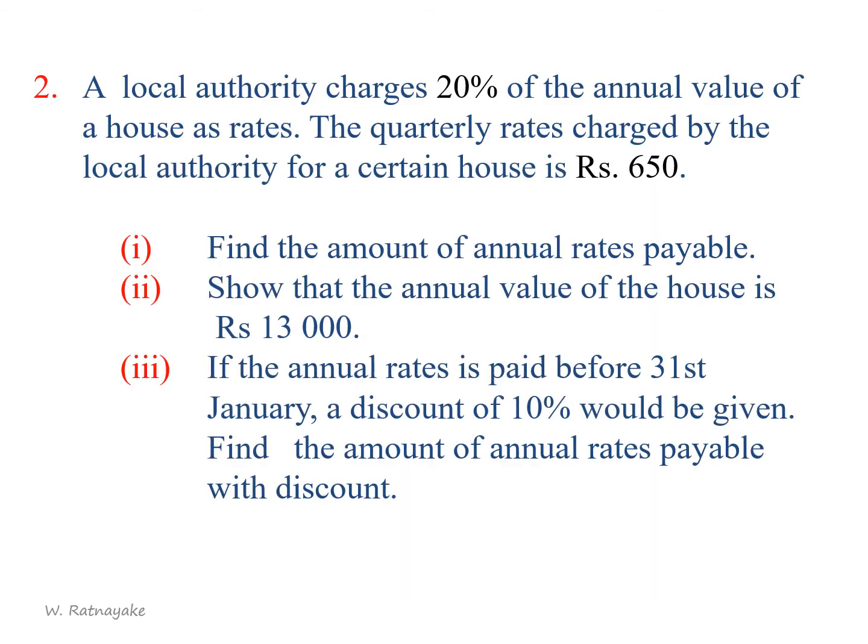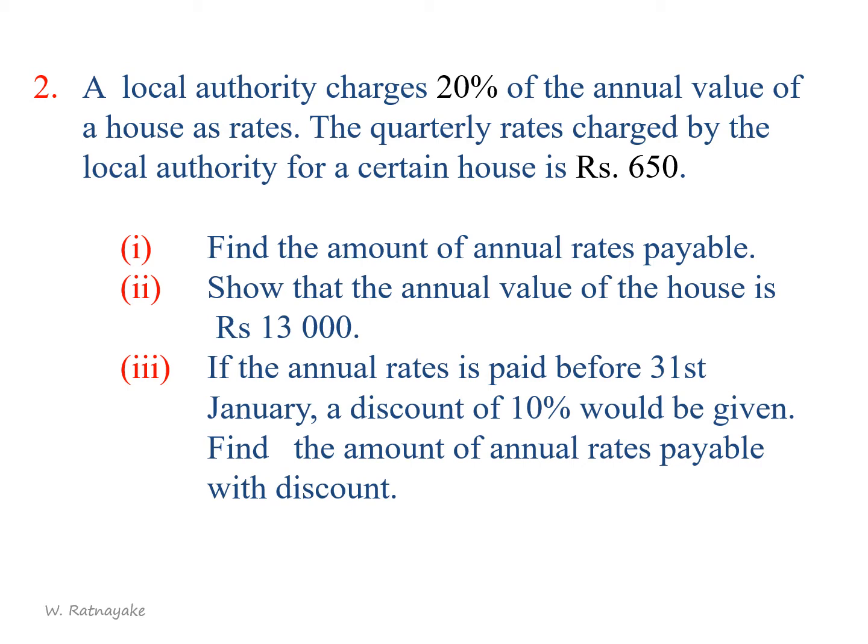Question number 2: a local authority charges 20% of the annual value of a house as rates. The quarterly rates charged by the local authority for a certain house is rupees 650. Part 1: find the amount of annual rates payable.